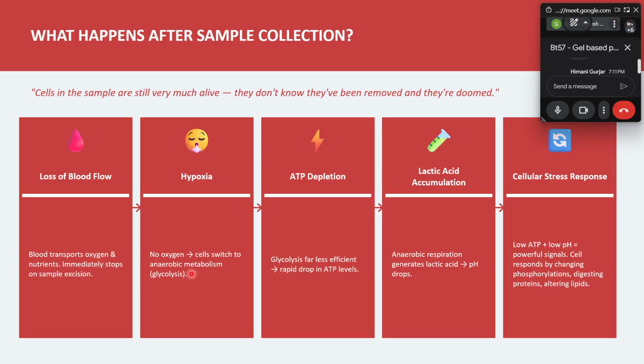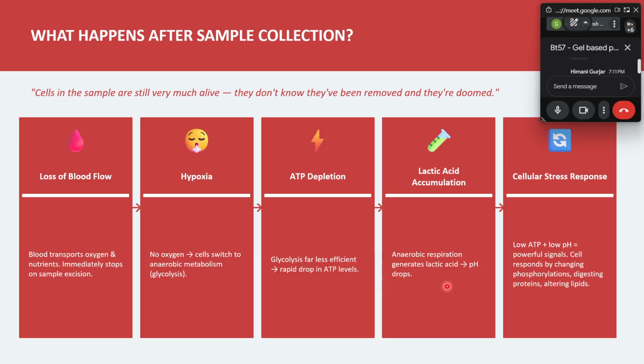There is hypoxia, there is no oxygen, and there is ATP depletion as well, because glycolysis, phosphorylation, and all those processes are not taking place. So energy is not there. All these changes happen as soon as the sample is out of the organism. Because of this, there is lactic acid accumulation, and because of that, the pH drops.